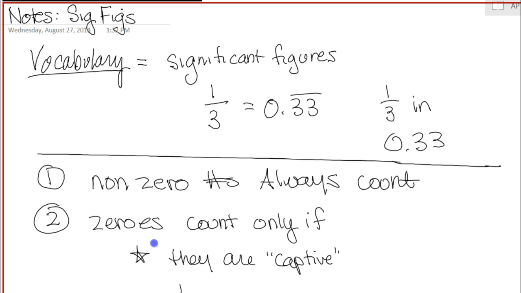For example, 1.02. That zero there is trapped between a 1 and a 2. It is therefore a significant figure. It counts when we're counting how many sig figs something has. 20003. These three are all trapped, so they count as significant figures. This number over here would have 3 sig figs, and this one has 5 sig figs.